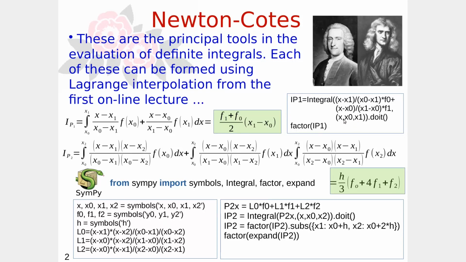And then the next is a tuple, x, x0, x1, and I've asked SymPy to actually do the integration using the doit method. Thereafter, just simply factorize the integral, ip1 as we've called it here, and the result will come out.